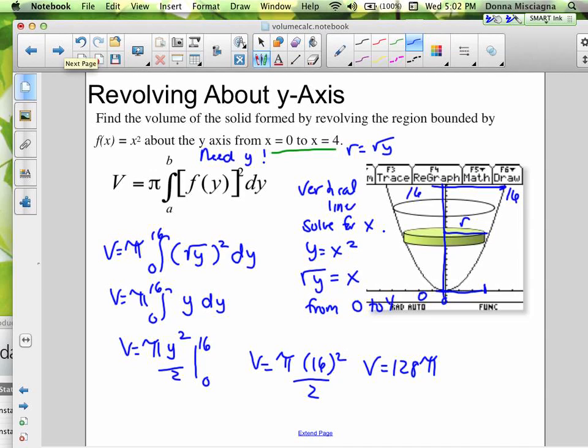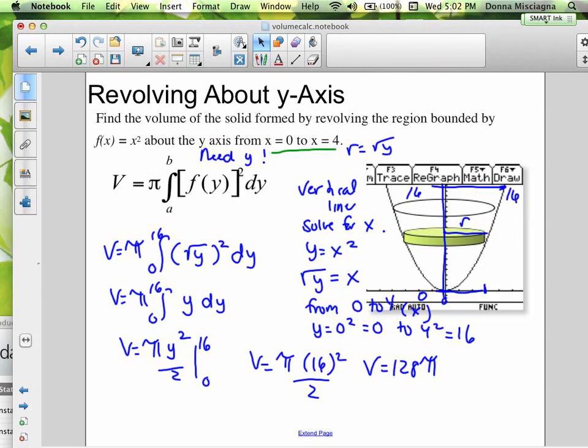If x is 0, y would be 0 squared, which is 0, to 4 squared, which is 16. So we're going to be integrating from 0 to 16. That was a test to make sure you knew, don't use the x values, you need the y values if you're revolving around a vertical, and you use dy.